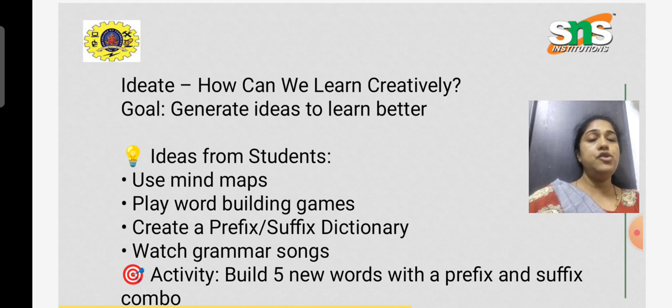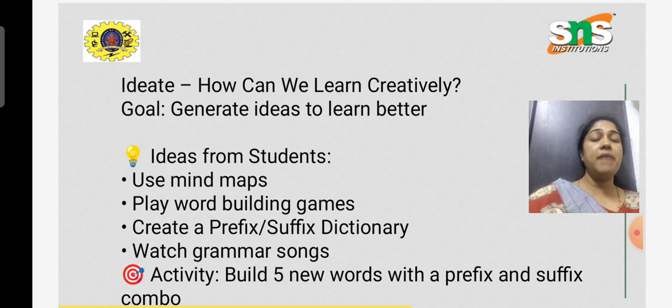You ask the students to use mind maps, play word building games, and create a prefix suffix dictionary. To create a dictionary, we fix a leader, and that leader goes to each team and collects all the words written by their group teammates, each and every student. Then he can frame a dictionary.